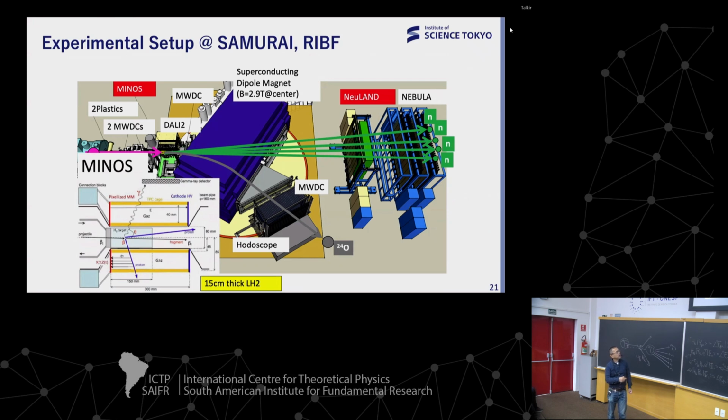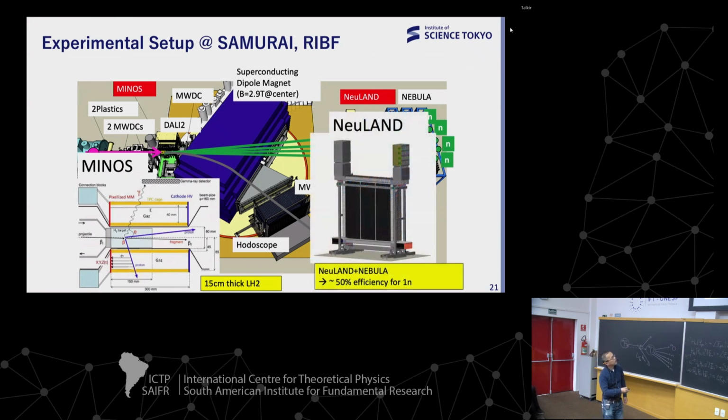Well, this was an idea by Alexandre Obertelli when he was in Saclay. So this was developed in Saclay, France. So the French team introduced this. And then for neutron detectors, we introduced NeuLAND neutron detectors in addition to our NEBULA detectors.